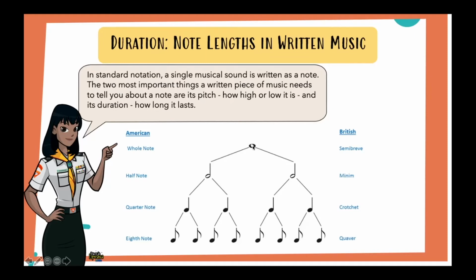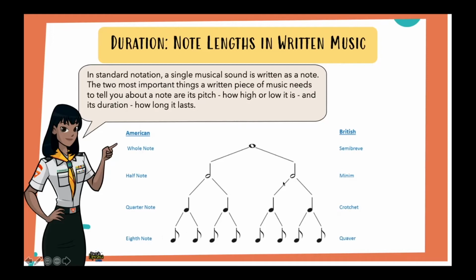Here we have the British way to say it, and this is the American. I brought the two ways because this is the most popular way, like most music comes with these ones, but this is also well known. So we have the whole note or a semibreve, a half note or a minim, a quarter note or a crotchet, an eighth note or a quaver.